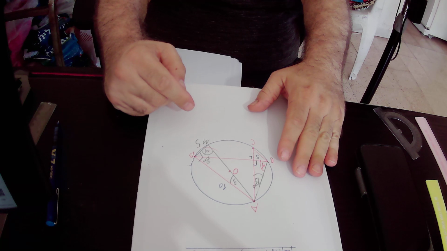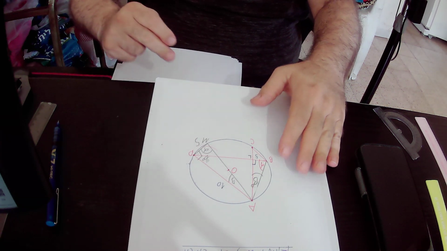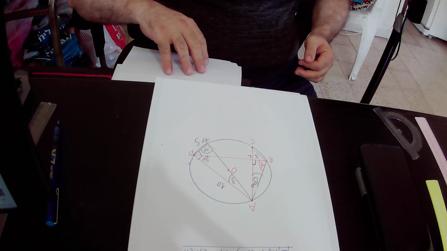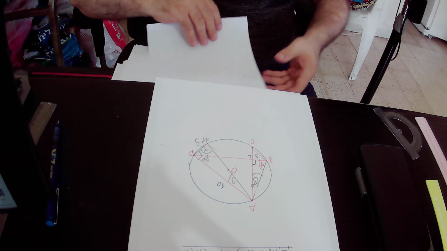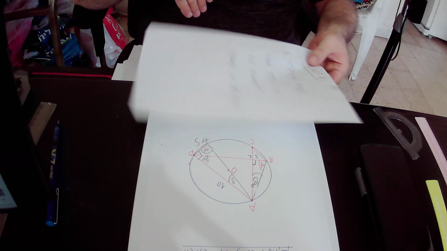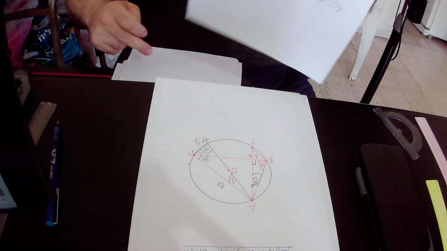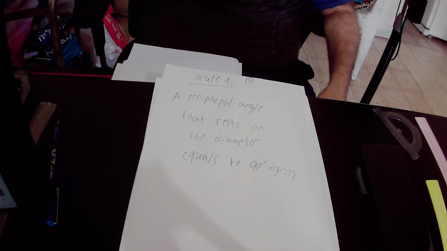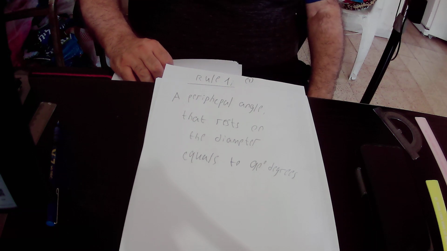and actually we have here angle ADM. According to rule number 1, angle ADM is a peripheral angle, and a peripheral angle that rests on the diameter equals 90 degrees.